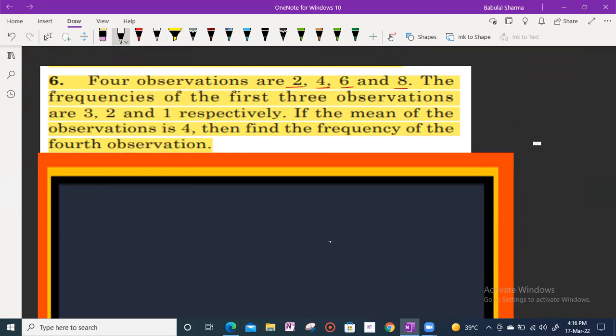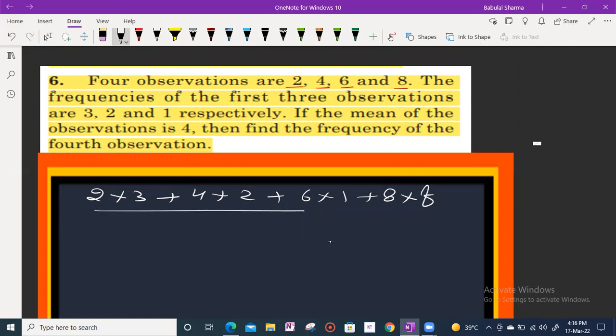So the frequency of 2, that is 3 times. Then 4, it is coming 2 times. Plus 1, 6, it is coming 1 time. And let the frequency of the last observation, that is 8, be f. How many are these? We can say 3 plus 2 plus 1 plus f, and the mean is given by 4.